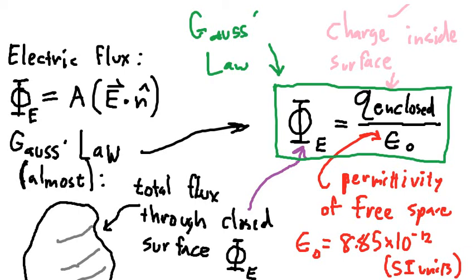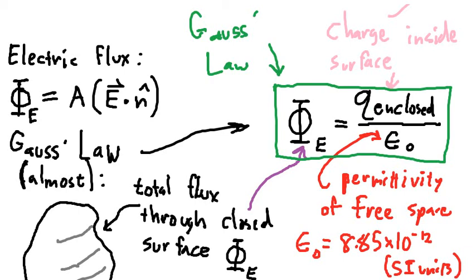Permittivity of free space is this: epsilon naught equals 8.85 times 10 to the minus 12 in SI units. And this here, in green, that I'm boxing, is Gauss's law.